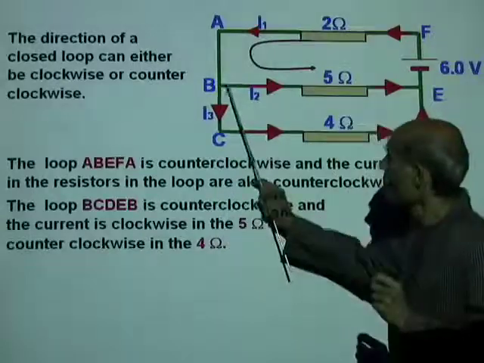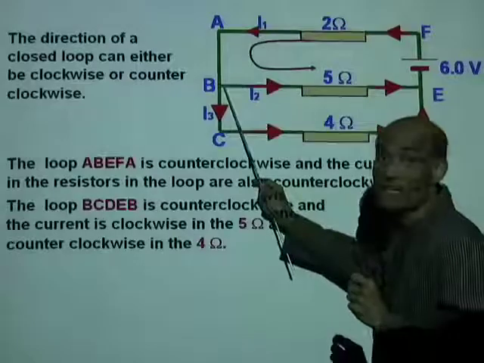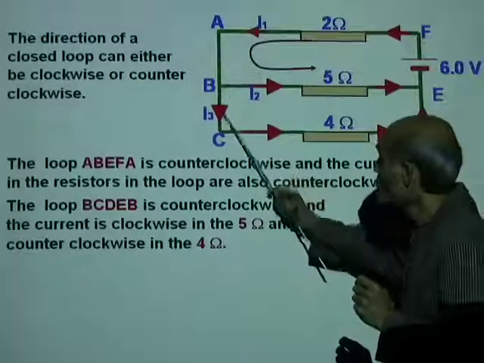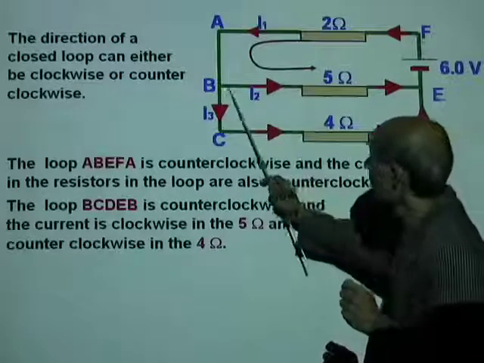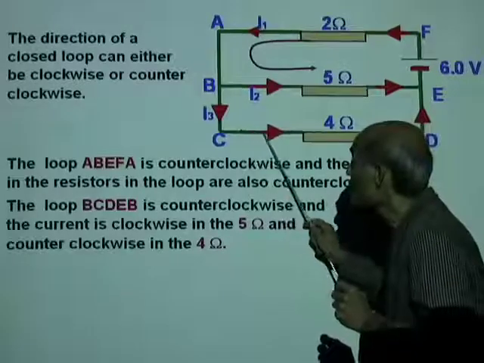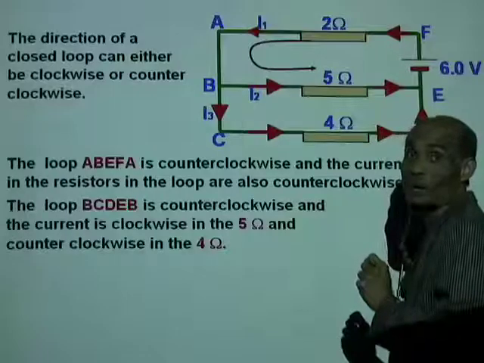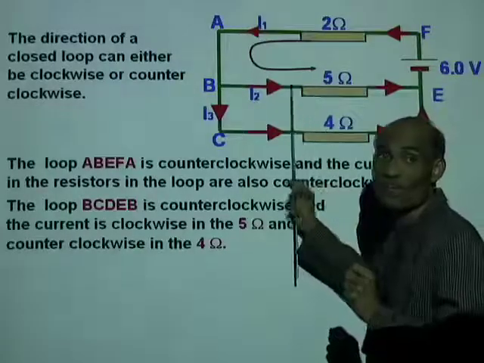Look at this again. The loop B, C, D, E, B. Now look at the way my pointer moves. It is traced in the counterclockwise direction. The direction of the loop is the same as the direction of current in the 4 ohm, but it is opposite to the direction of current in the 5 ohm.